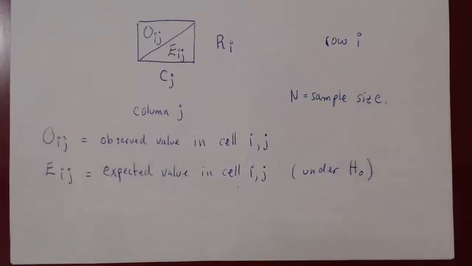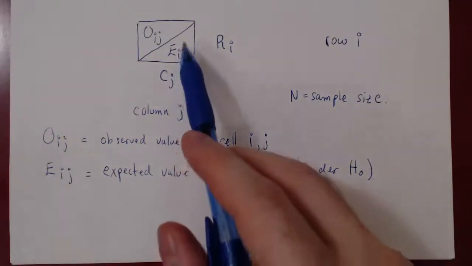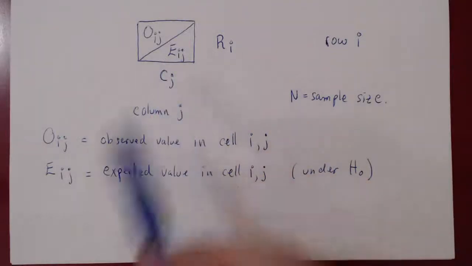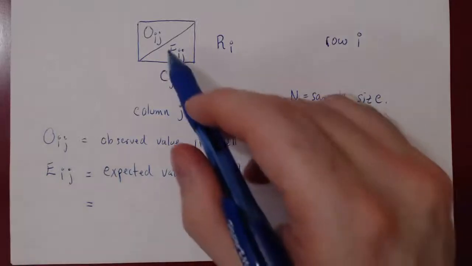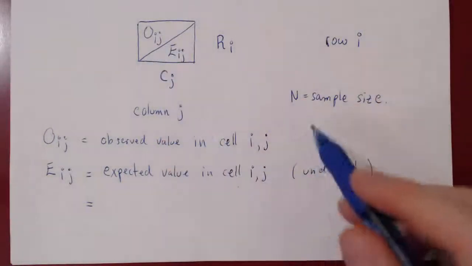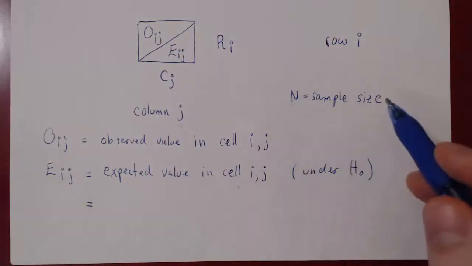Okay, so now think of it. We are asking what is the expected value in row I, column J. If you think of it, this should be the probability to be in this cell times the total sample size.